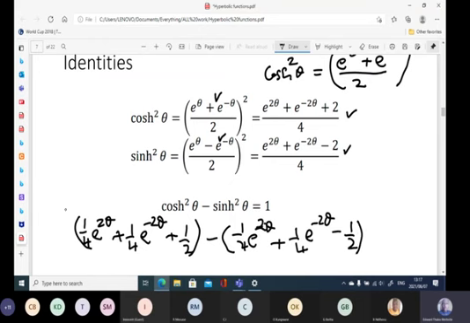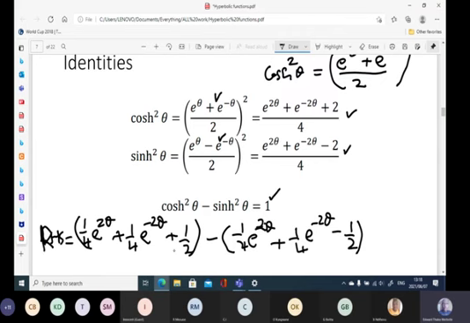Okay, now basically what you have here is your RHS. So you have to prove that your RHS is equal to 1. You can clearly see that this term here will cancel this one out, and this one will cancel this one out.